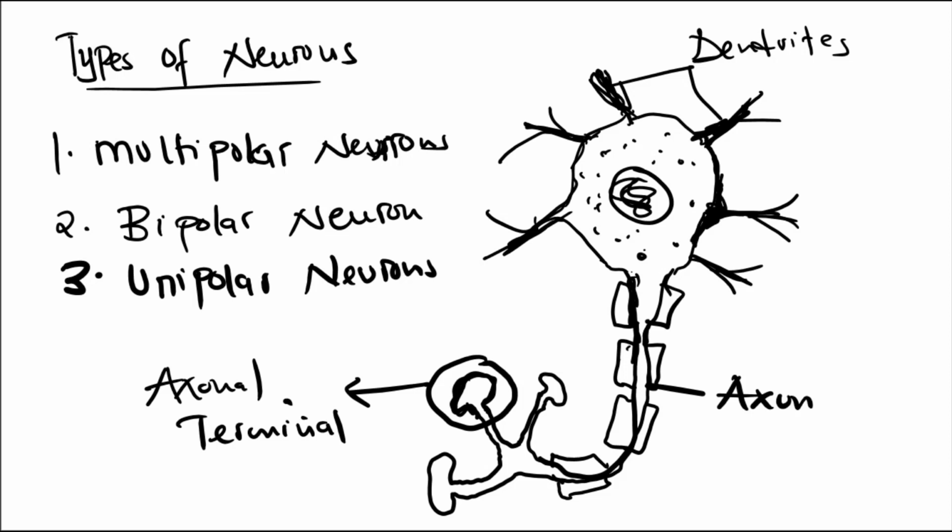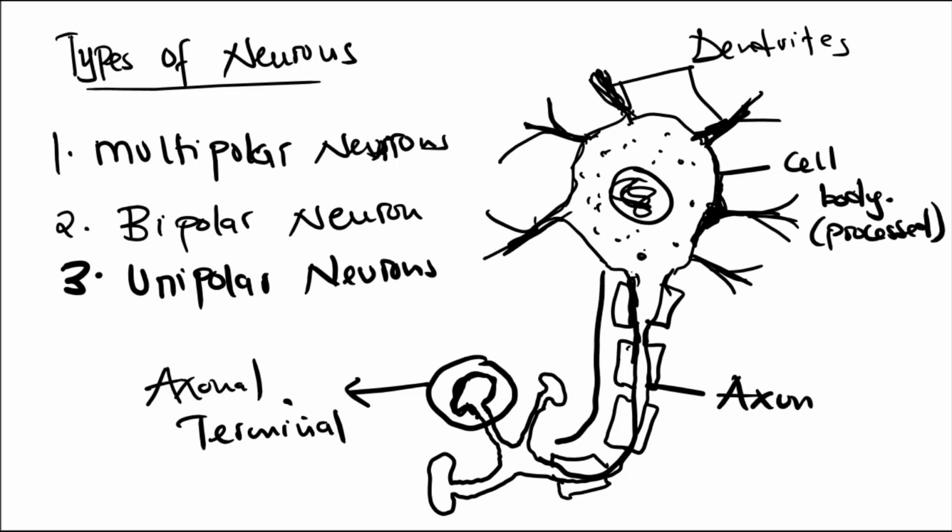An action potential is going to be processed in the cell body, and then it will travel along the axon and end up in the axonal terminal. The axonal terminal is the one that relays the action potential across a neuromuscular junction.